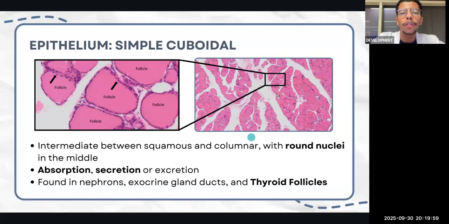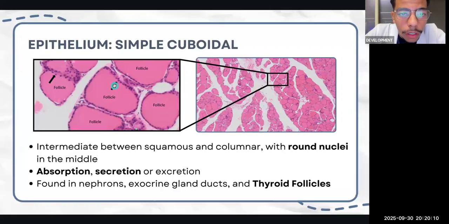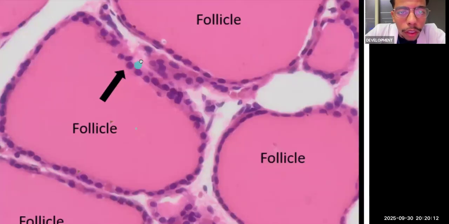Then we have simple cuboidal. This is the only example of simple cuboidal cells that were given in your slides. Can you see the cells? It looks like a cube, so cuboidal. And the nucleus is quite round and big. The first one, simple squamous, was flat, and the nucleus also was flattened.